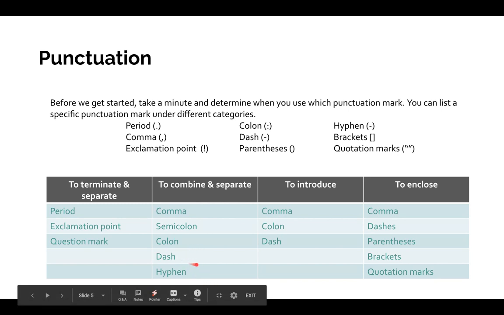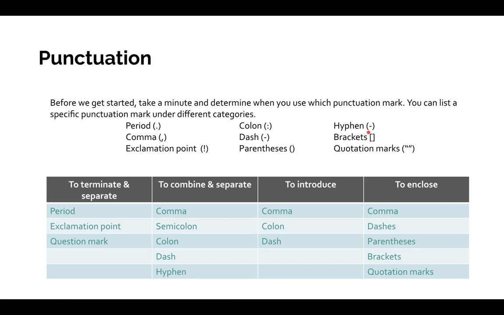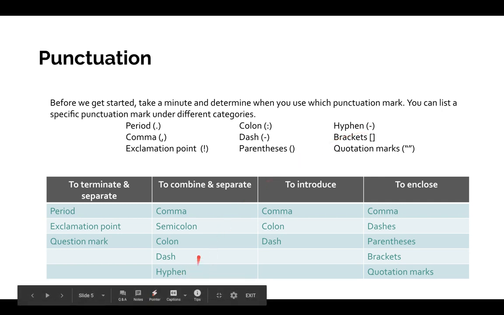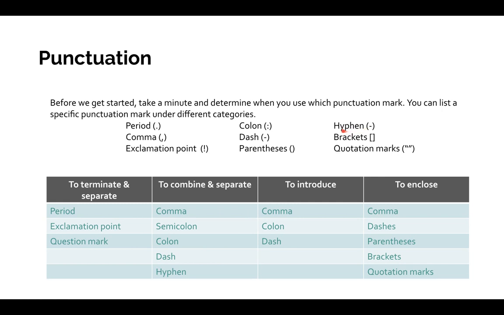Now, if you look up here, you'll see that a dash and a hyphen look exactly the same, right? The key thing is that we might not see hyphens as often. We'll see hyphens if your teacher has two last names, or if you have two last names, there would be a hyphen there.